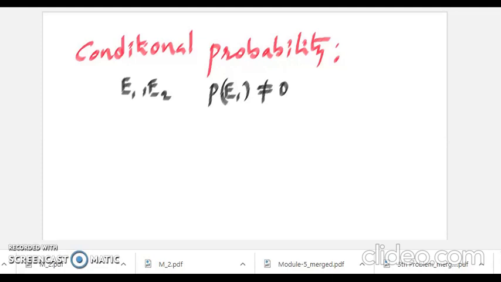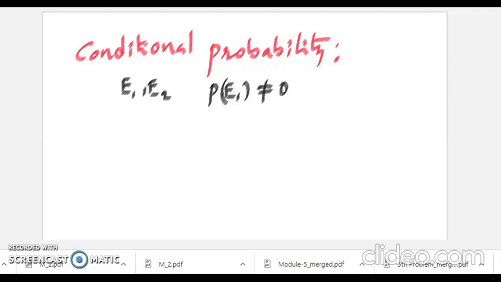Then the probability of occurrence of E2 after the occurrence of E1 is called conditional probability of the event E2, when we know that E1 has already occurred.